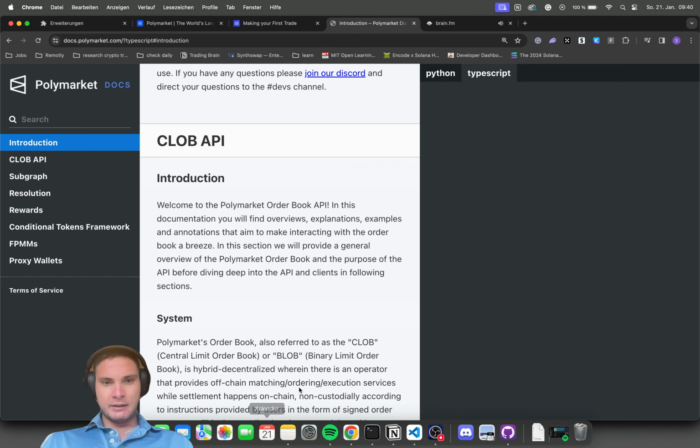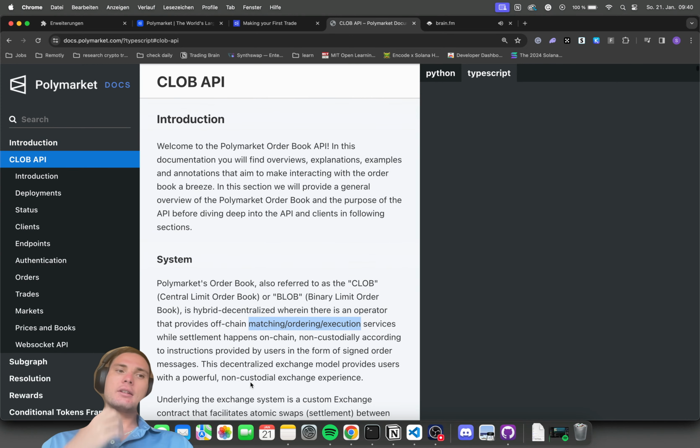Okay, there is an operator that provides off-chain matching, ordering, and execution services. So they don't do all that stuff on-chain because, first of all, it's easier and cost efficient.